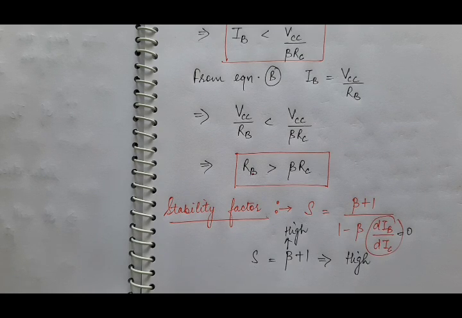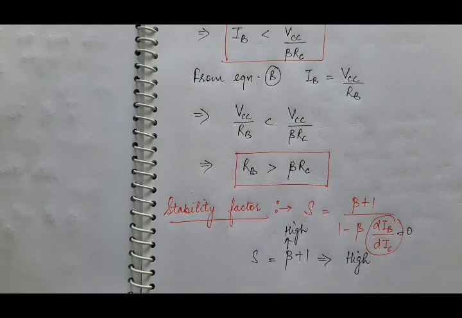When you increase the temperature, beta increases, collector current increases, and again the cumulative effect will start, which will cause the thermal runaway of the transistor. And because of that, the operating point also shifts with the temperature.